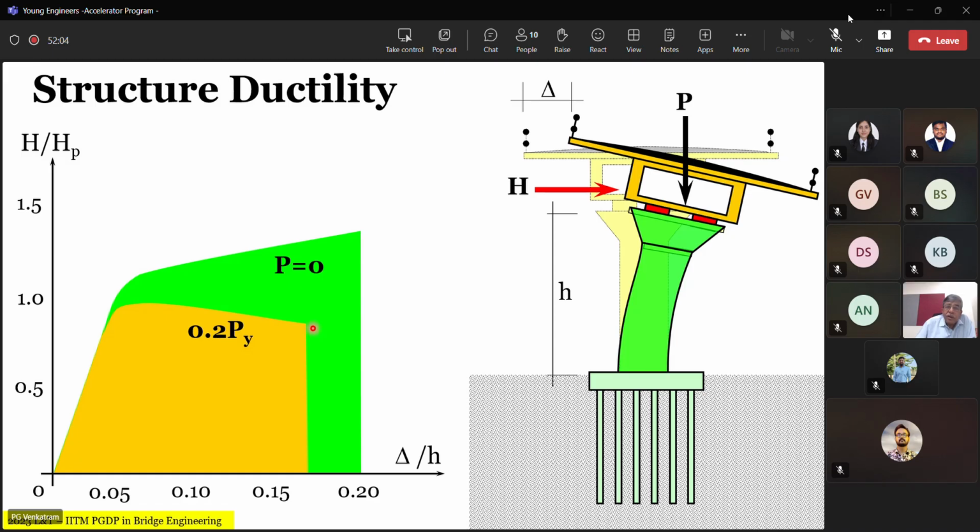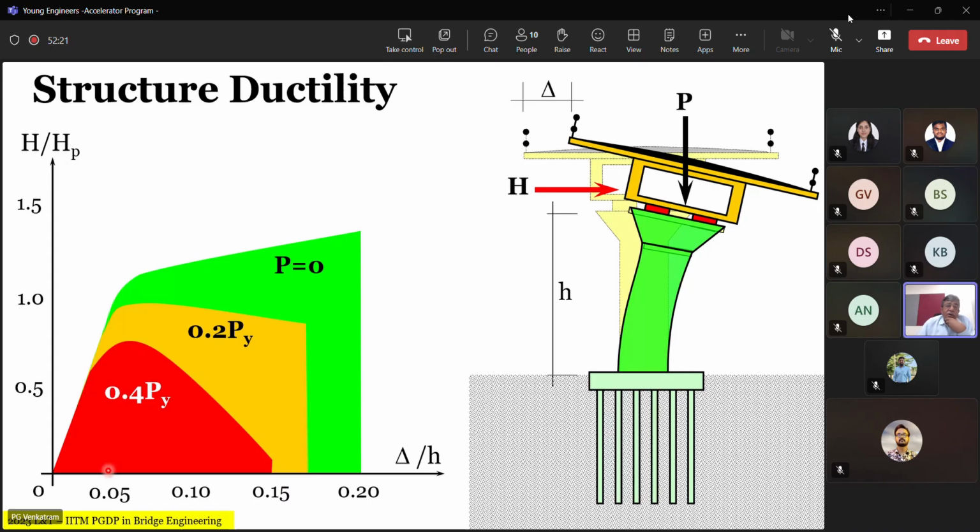And once the axial load is so high that it reaches the level of 40% of the yield strength of the axial compression of the column, you will notice that the structural ductility drops dramatically.